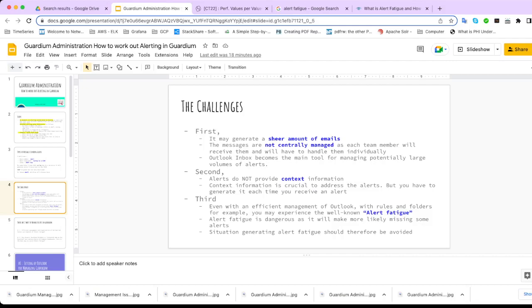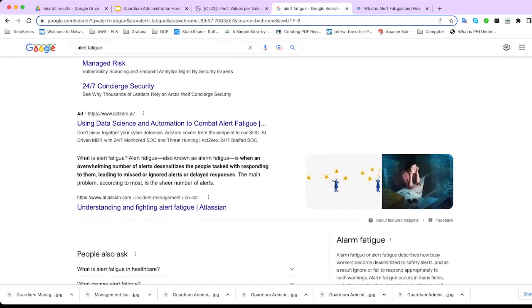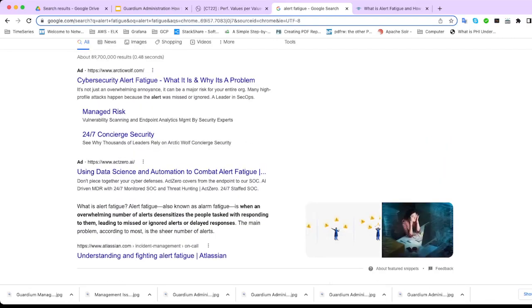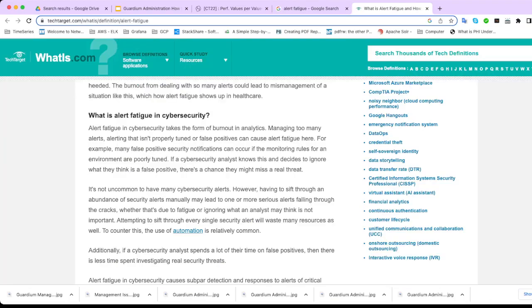So, alert fatigue is something which is very, very well known, right? If you Google, the first one that pops up is cybersecurity alert fatigue, right? It's not something invented. It's really serious. And for example, here in Tech Target, there is an article.